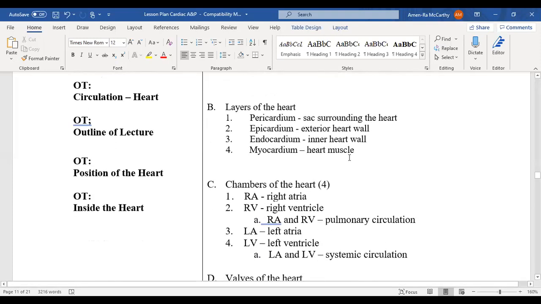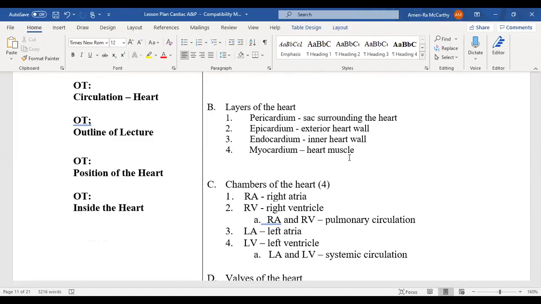Layers of the heart. The sac around the heart is the pericardium. Outer wall of the heart, epicardium. The inner wall of the heart and the muscle part of the heart, okay, inflammation of any one of these layers is just itis on the end of it, right?